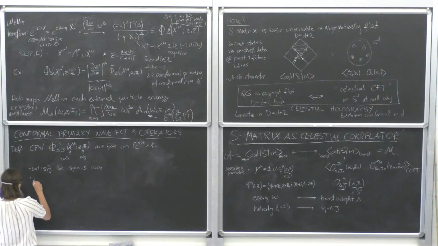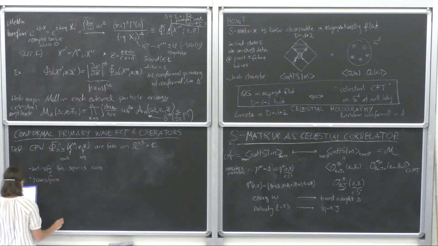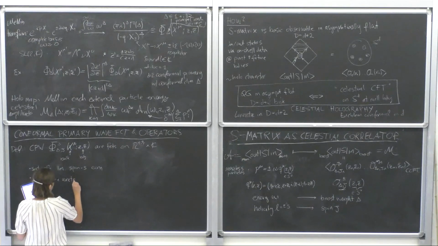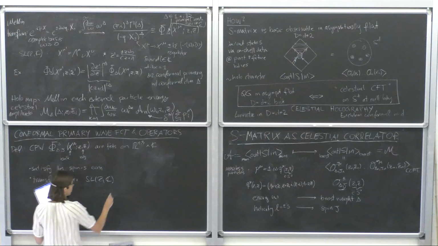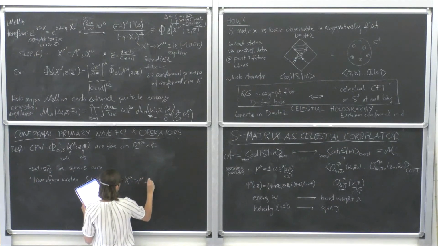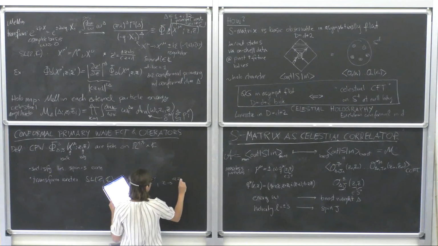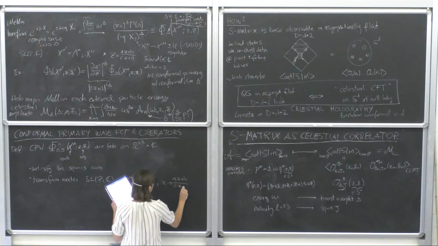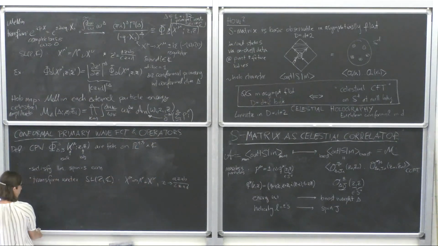And they transform under simultaneous SL(2,C) transformations of the bulk and boundary coordinates. That is taking x^mu to Lambda^mu_nu x^nu, and taking z to (az+b)/(cz+d), with the restrictions on a, b, c, d as above.